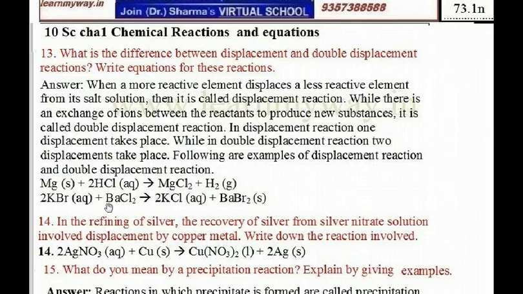So these ions are exchanged. K comes this side, Ba goes this side. So we find BaBr2. This is barium bromide. Remember one thing, because the valency of barium is 2, we write BaBr2. Same goes with potassium chloride. So double displacement takes place here, you can say. So this reaction is a double displacement reaction.